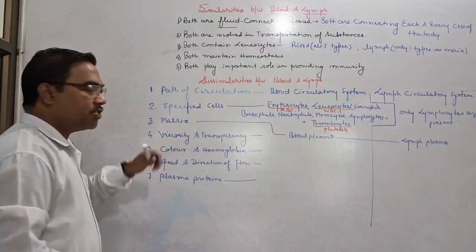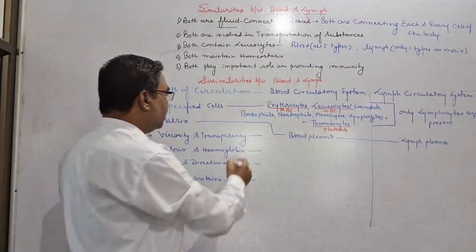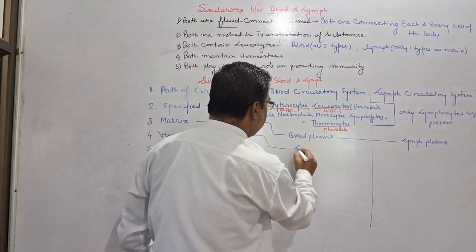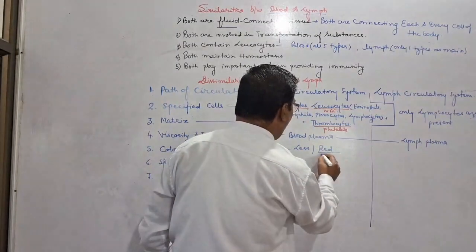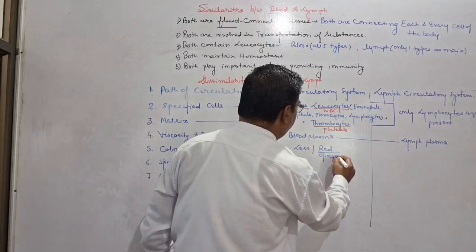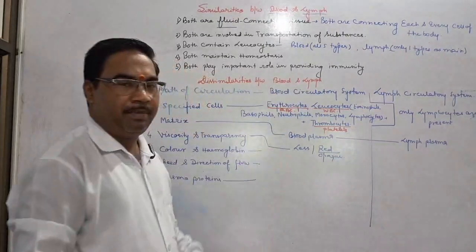Now next, viscosity and transparency. Blood is less viscous and red in color. That means you can say opaque, no transparency is present in the blood.